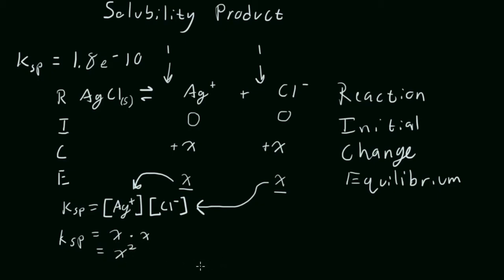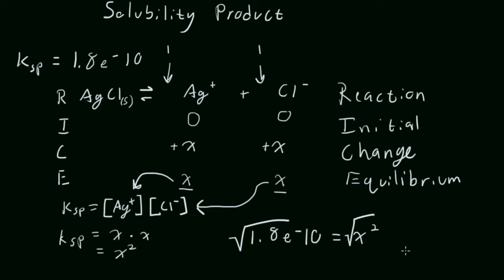Now, this is very useful because I have the value of KSP. It is 1.8 E negative 10, and because that equation ends up being x squared, I can take 1.8 E negative 10 equals x squared, and I can figure out the value of x. I can figure out what my final concentration of silver and chlorine is going to be by taking the square root of both sides.